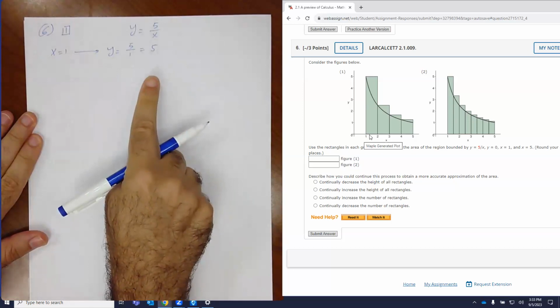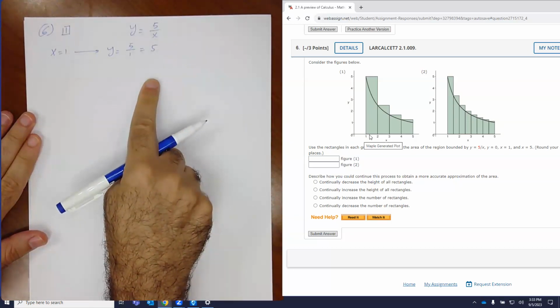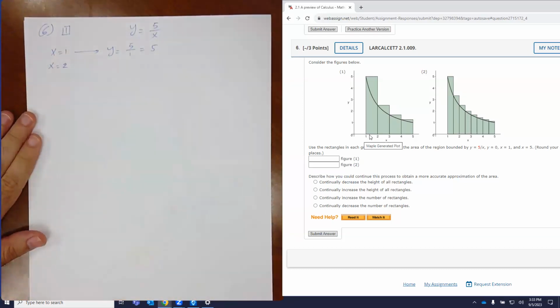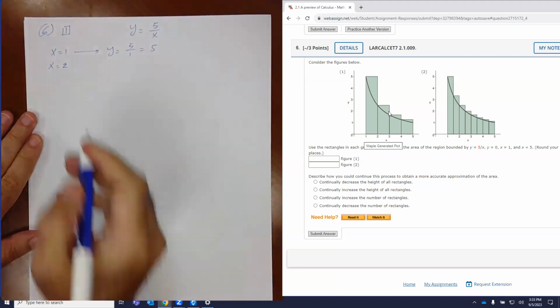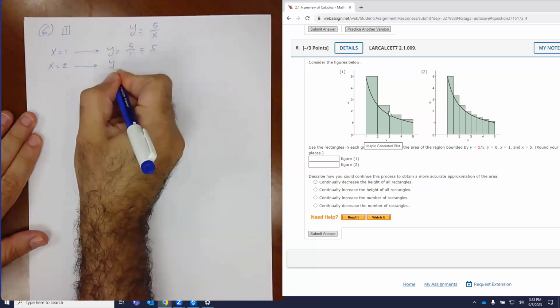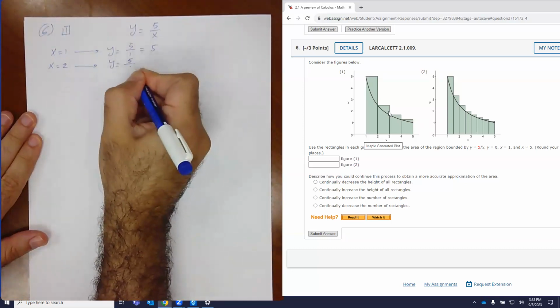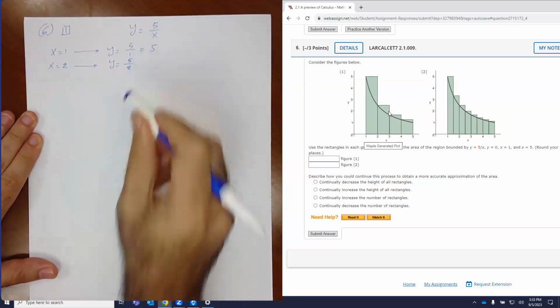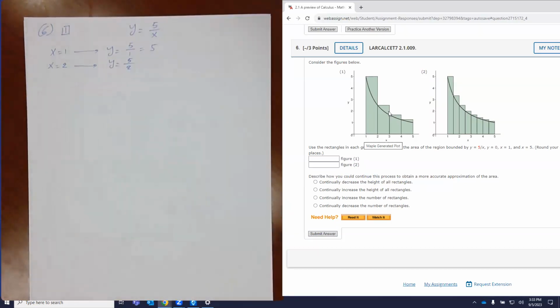So here is our first length. Now, when x equals 2, which is the second length for the second rectangle, y is going to be 5 divided by 2. Just keep it 5 divided by 2. Do not convert everything to a decimal until you find the solution.